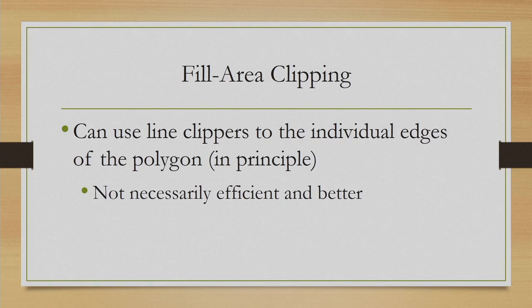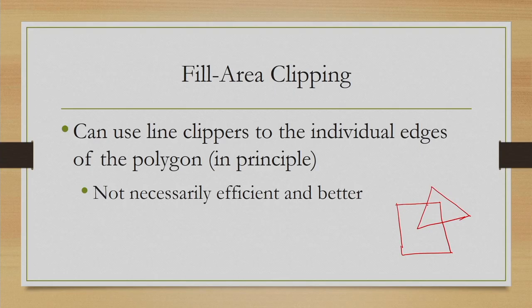Now, what can be a very obvious and straightforward approach? Let us try to understand the situation. Suppose this is our clipping window and we are given a polygon something like this after projection, say this triangle.